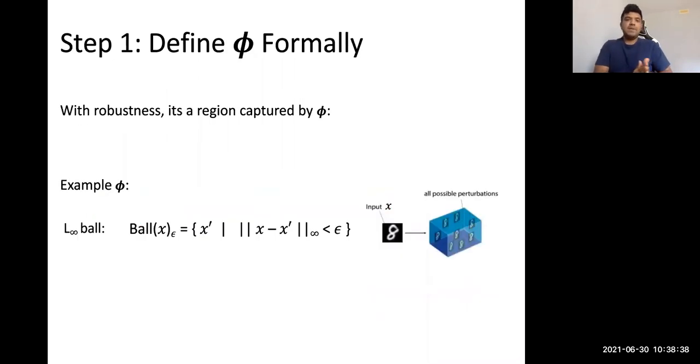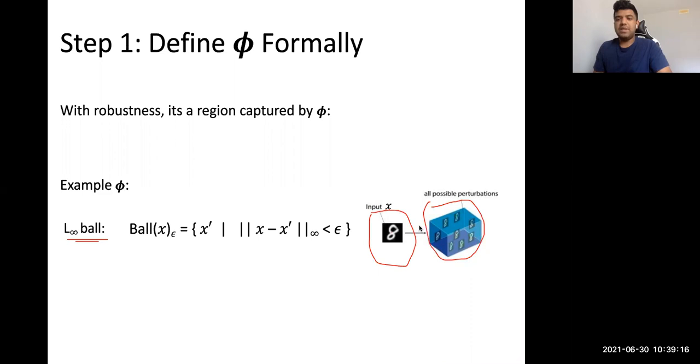So what is phi? Let's define phi formally. Phi is basically a region, the L infinity ball. We've been discussing the L infinity ball for a while now. Around this point, let's say X, which here is classified as 8, we have these possible perturbations.